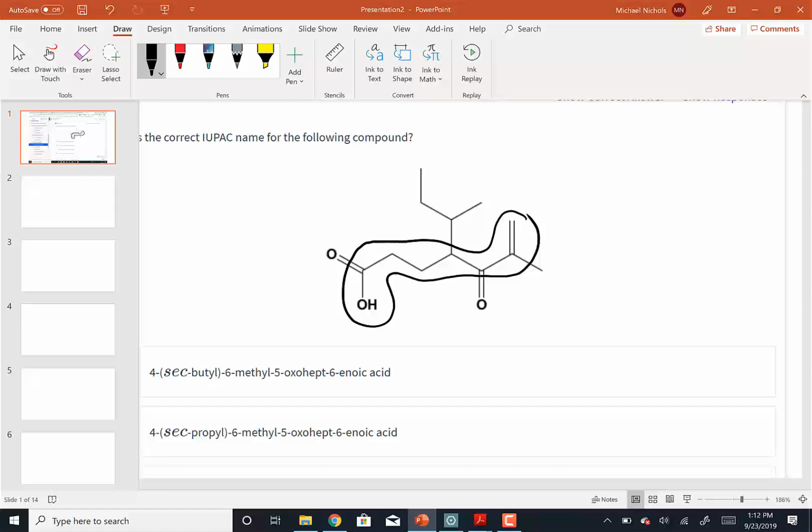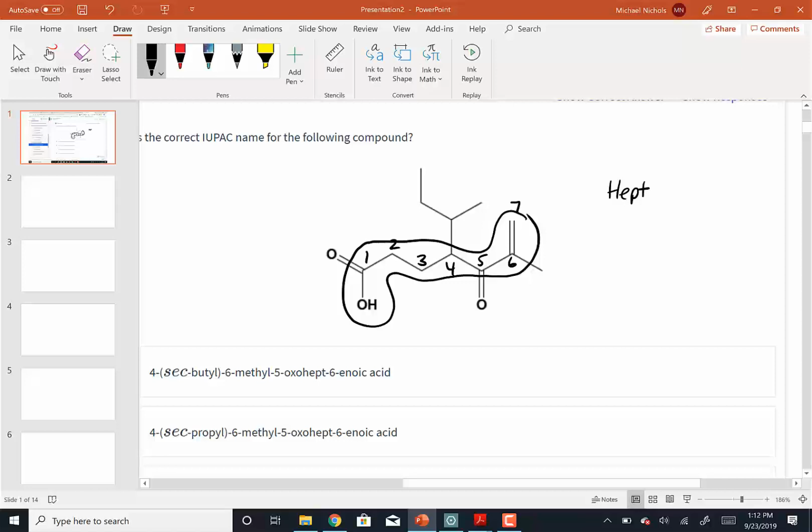And so that's why they're given higher priorities. The carboxylic acid has been given number 1 priority on our chart. So that means number 1, 2, 3, 4, 5, 6, and 7. So if nothing else, we know that this is going to be a hept, something.